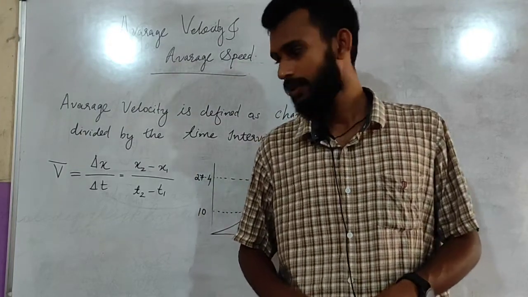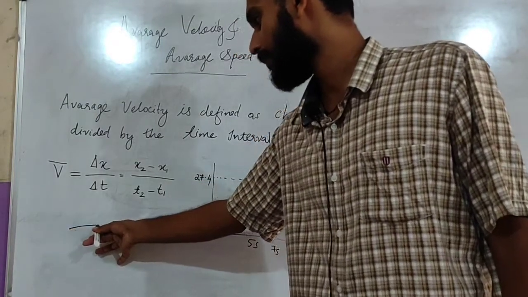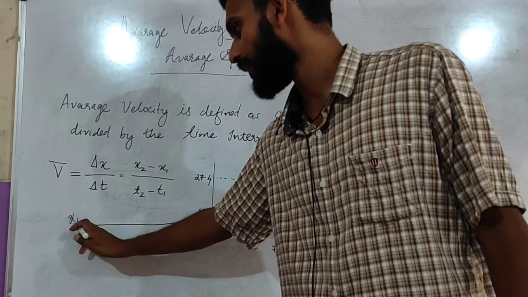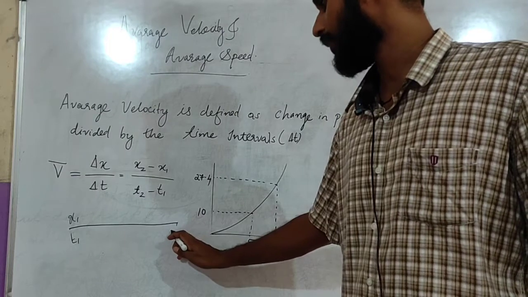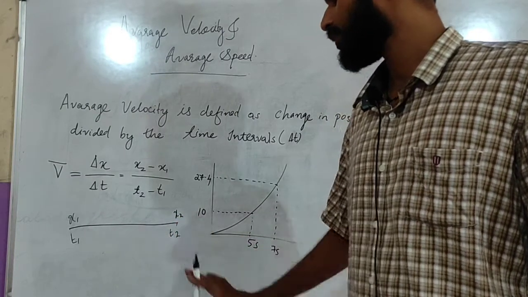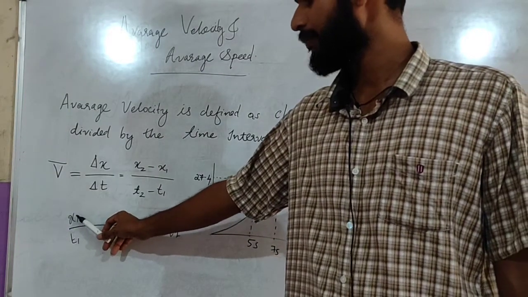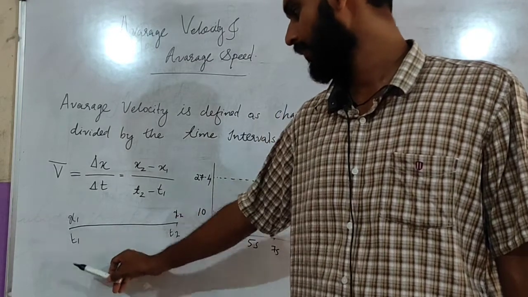Suppose a body begins its motion from a point x1 at a time t1 and it ends at a point x2 at a time t2. So x1 was the beginning position and the time was t1.